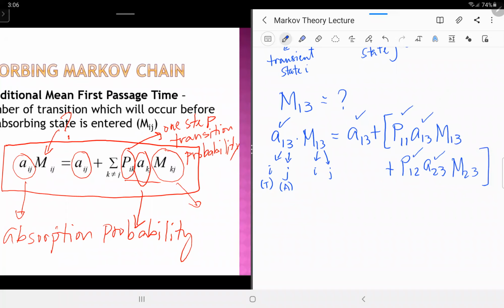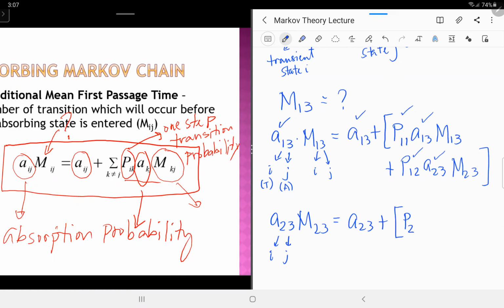So therefore, since we're solving for M13, we need M23, the equation for M23. So to set up the equation for M23, we need A23, M23 equal to A23, following the same formula where this is your I, this is your J, plus the summation where you have PIK, AKJ, MKJ. So P, this time your I is 2.